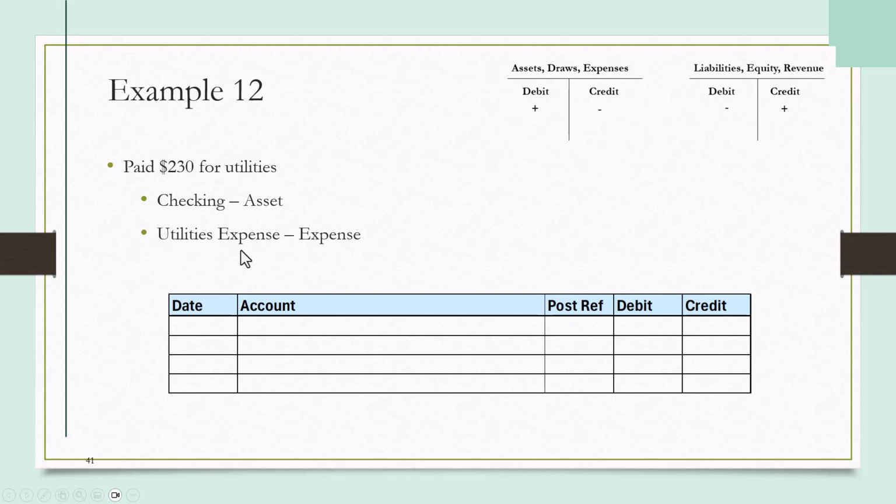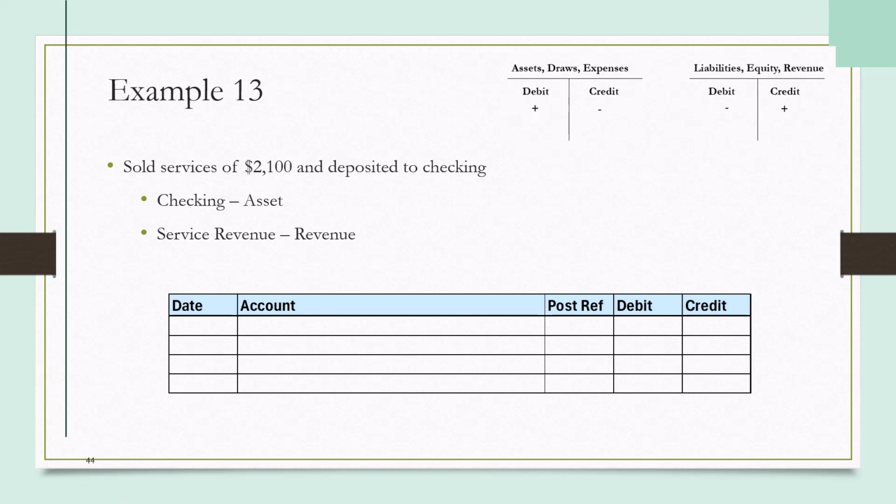And then for utilities, that would be utilities expense. And we're adding to the expenses of the business. So that would be the debit. And this is what the entry would look like. And if you wanted to add account numbers as the post reference and an explanation, you could do that as well. Okay, let's go to the next one.